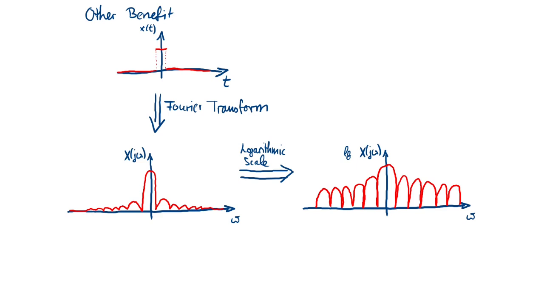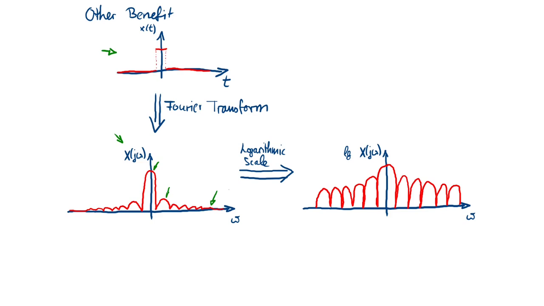And there's another benefit. For example, we have a time domain signal here. It's our rectangular signal. You know it from the second lecture. And now we take the Fourier transform, which looks like this. And here you have a maximum and then some side lobes, and the side lobes get weaker as the frequency increases.